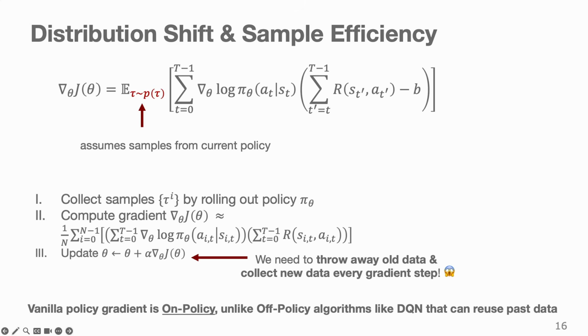So this is not super practical for us roboticists, because we already know that collecting data with real robots is very costly, and robots break, motors break, and so forth. And so once you collect some data and do one gradient update, you have to throw away your data and collect again.